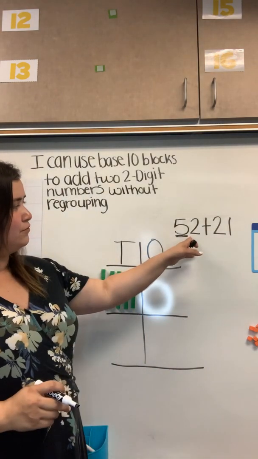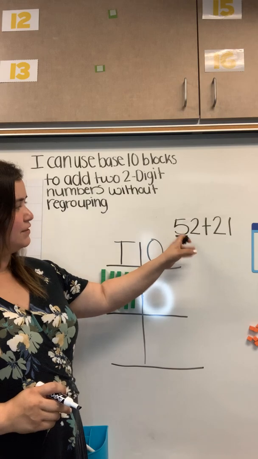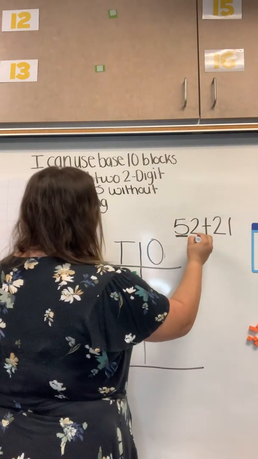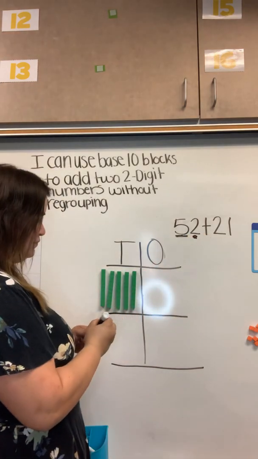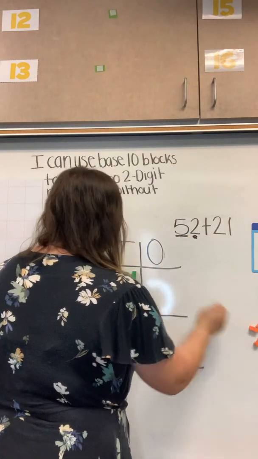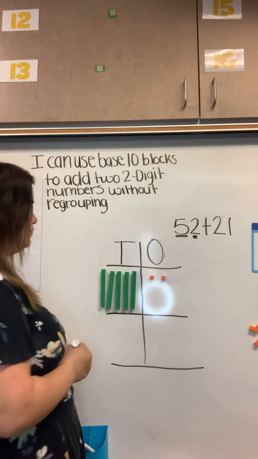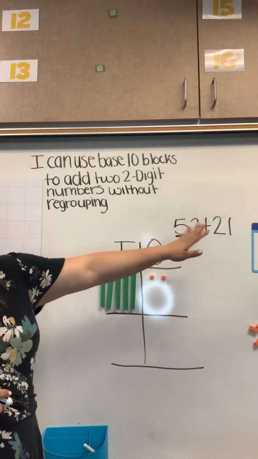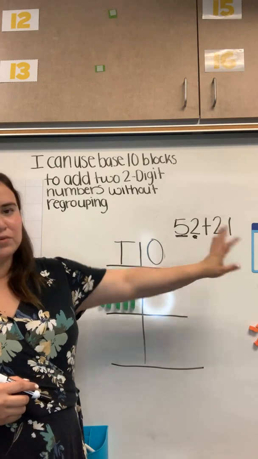So now we did the tens in 52. How many ones do we have in 52? We have 2. Good job. So 1, 2. All right, we did base 10 blocks for 52. Now we're going to do the number 21.